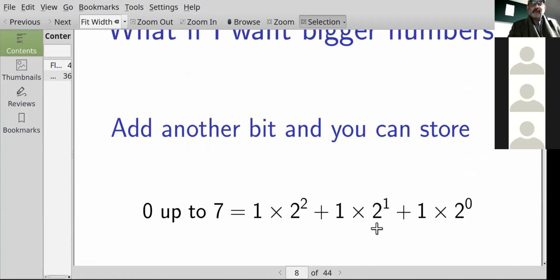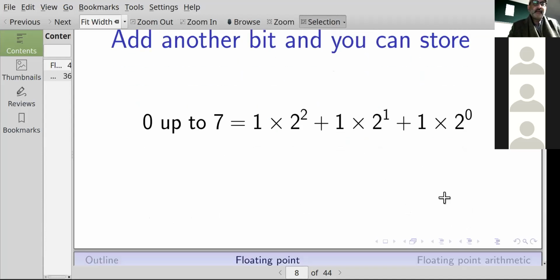If I wanted to store 1, I would write 0, 0, 1. And then it's understood that the 0 or the 1 stored in these bits is multiplying a power of 2. If I'm using 3 bits, then the powers of 2 are 2 to the 0, 2 to the 1, and 2 to the 2.